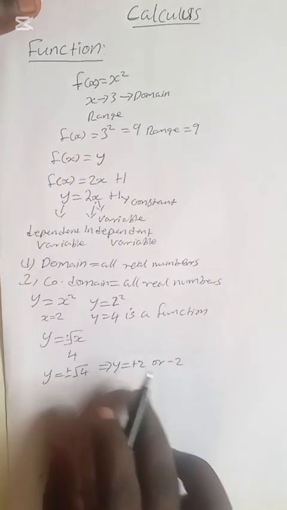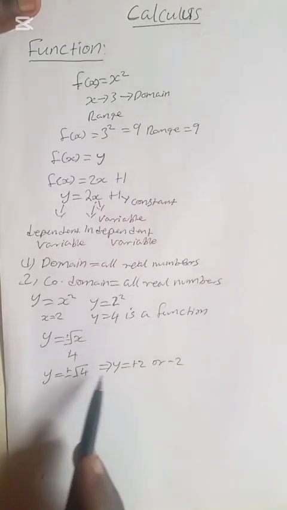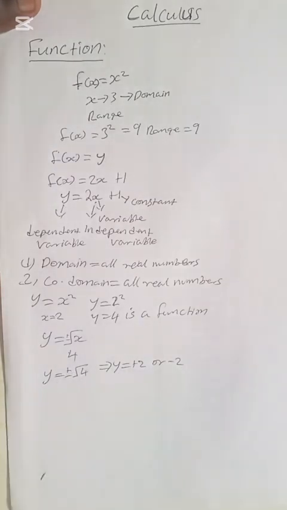So when you look at this one, you see that this one is not a function because it does not give out one output, it gives out 2 outputs. A function is one that gives out exactly one output. One input brings out one output. But anywhere you see one input bring out 2 outputs, it's not a function. Like this one now, it will give us plus or minus, so it's not a function.